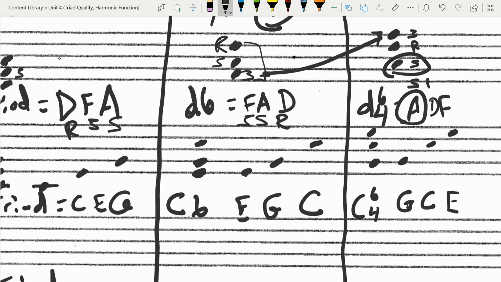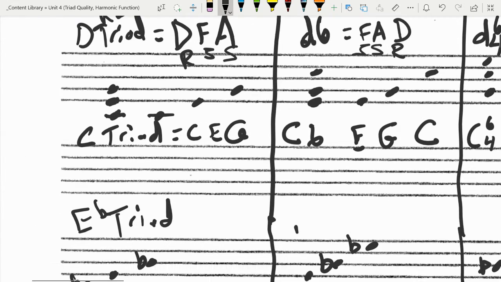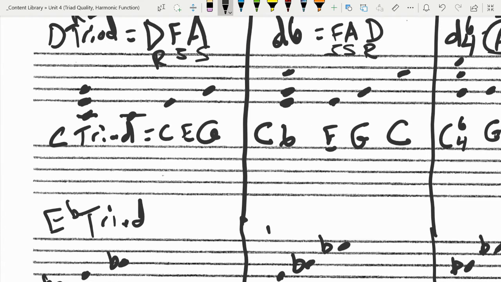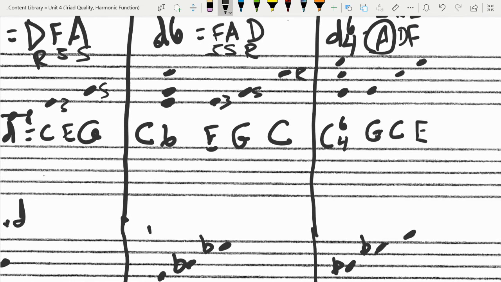Fifth, root, third. All right, so here's a C triad, which we already did. C major. So when E is in the bass, here's the root, third, fifth; third, fifth, root; fifth, root, third.